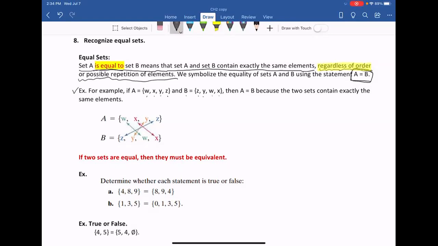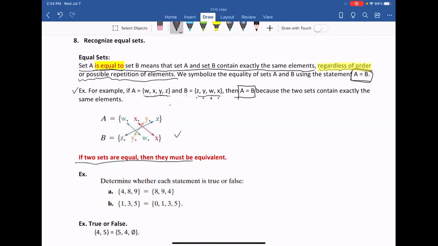This is a different order, but they contain the same elements, which are W, X, Y, Z. They have exactly the same elements, even with different order. Still, A equals B. This image shows they just change the order, but they have the same elements.